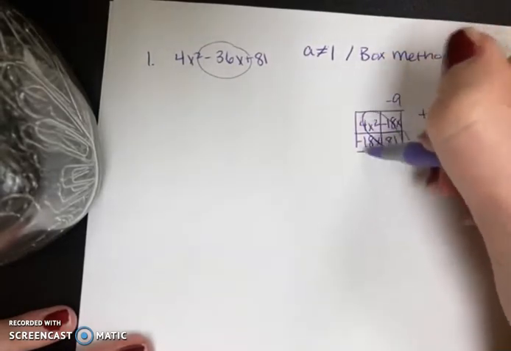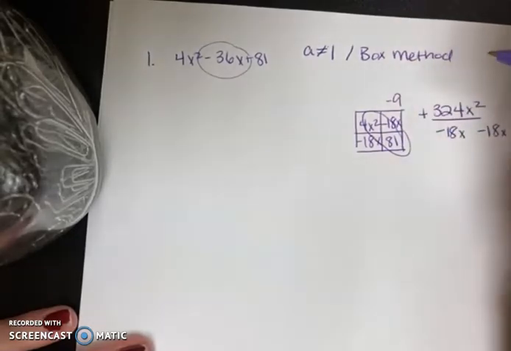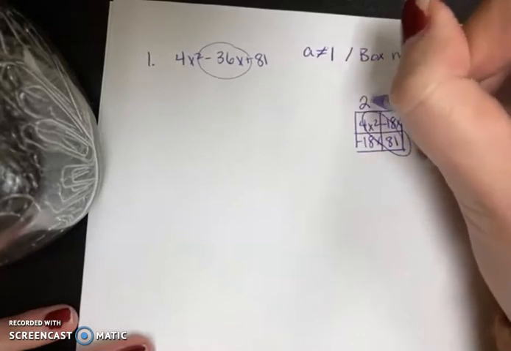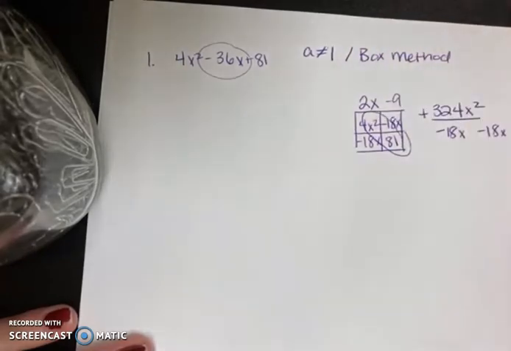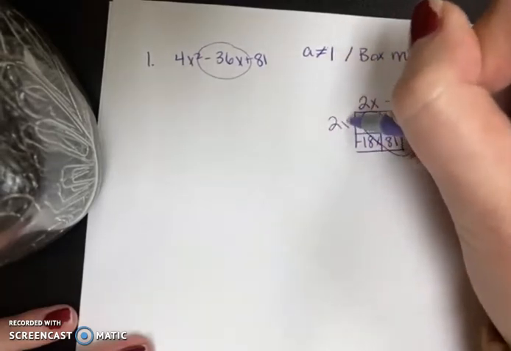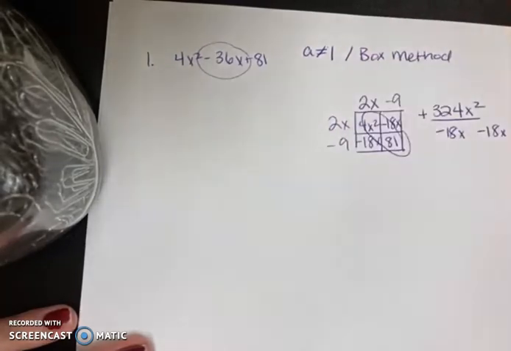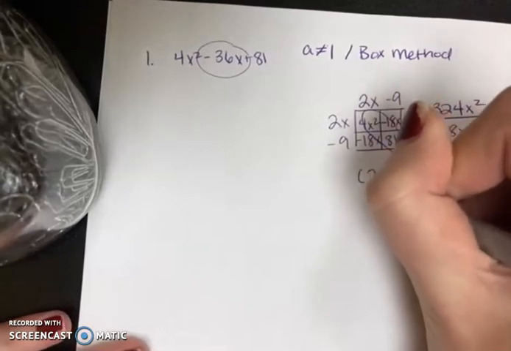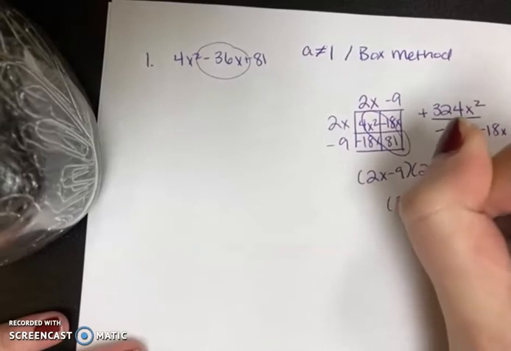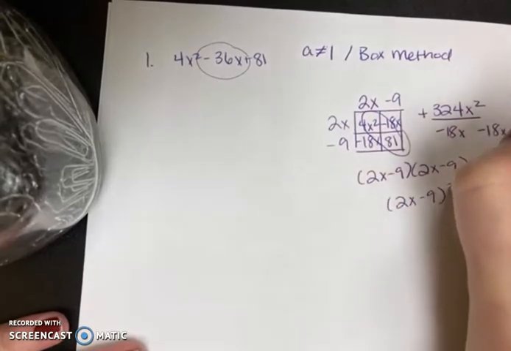Next, with the 4x squared and the negative 18x, it would be a positive 2x because this is a positive outermost box. Once again, GCF here would be 2x, GCF here would be a negative 9. So we end up with 2x minus 9 times 2x minus 9, or that is 2x minus 9 squared.